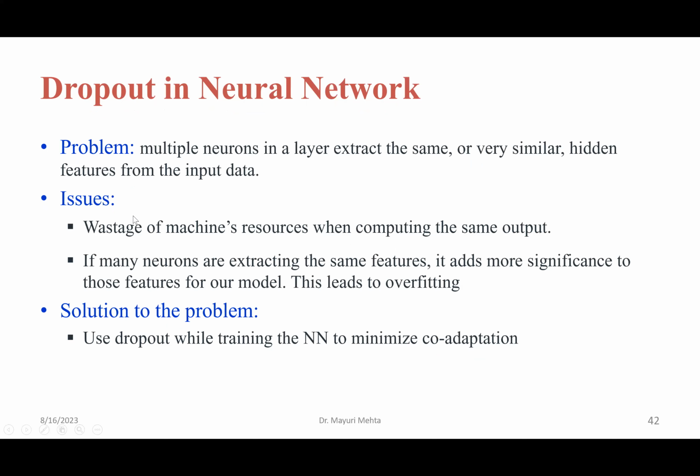The first issue is wastage of the machine's resources when computing the same output, because through different neurons, the machine is learning the same hidden patterns. So it wastes the machine's resources when computing the same output.